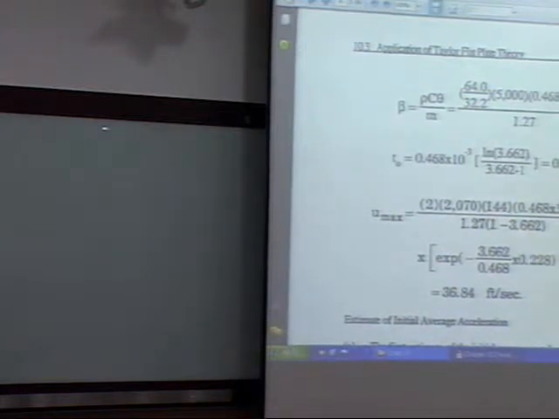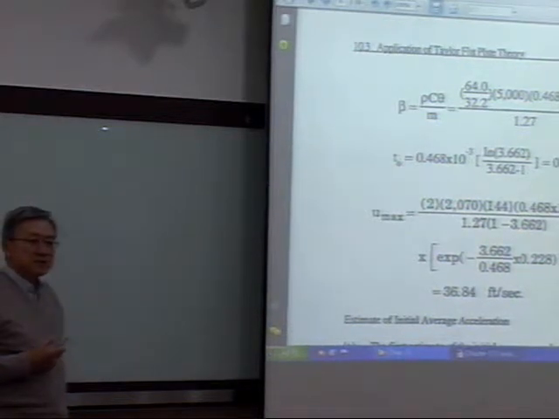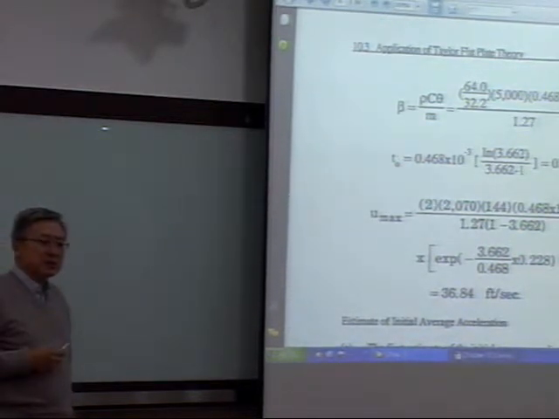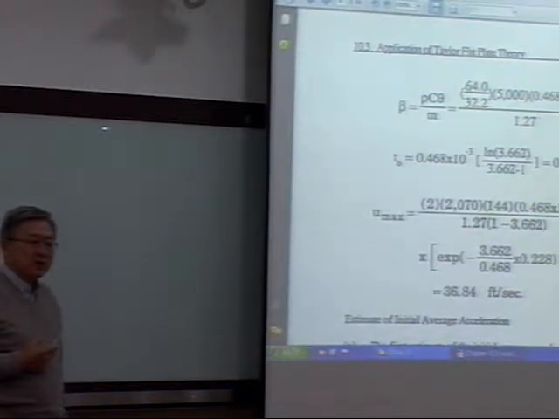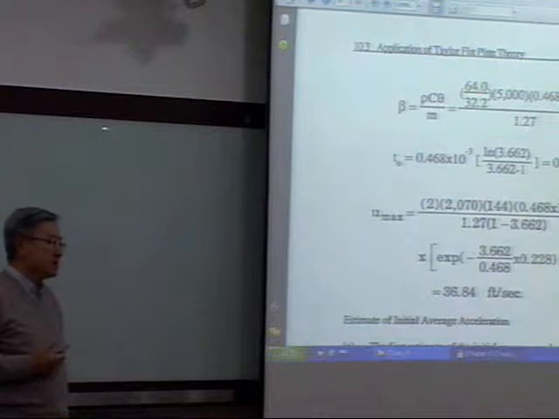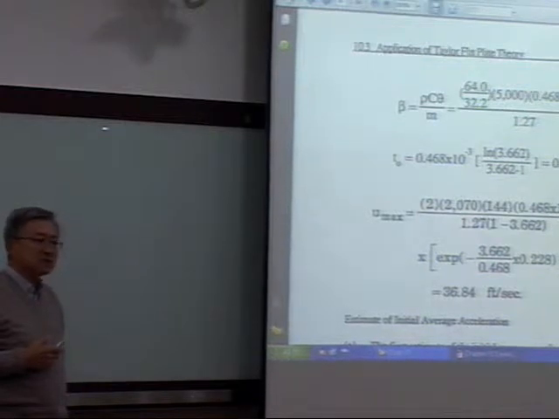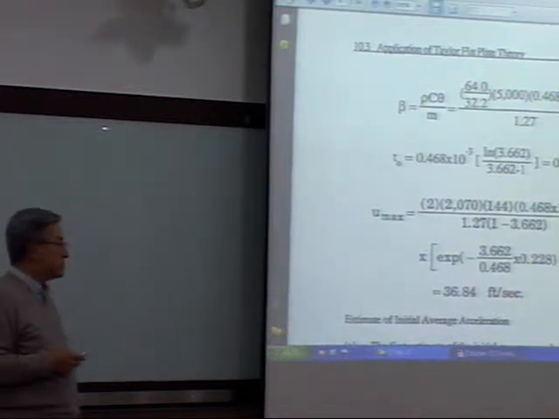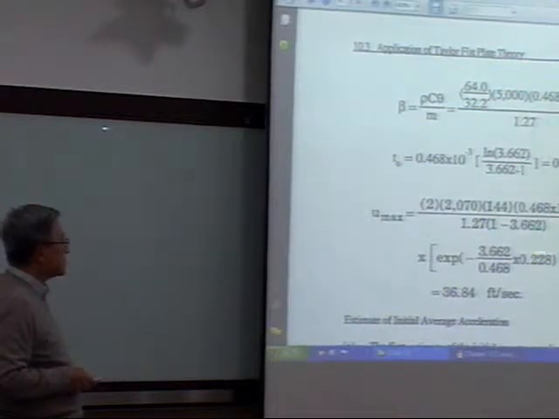So this problem set is a very realistic problem. It's not just a mathematical problem. 125 pound HBX1, it's not a big problem. 40 feet standoff distance, a very reasonable standoff distance. And you have to compute that.